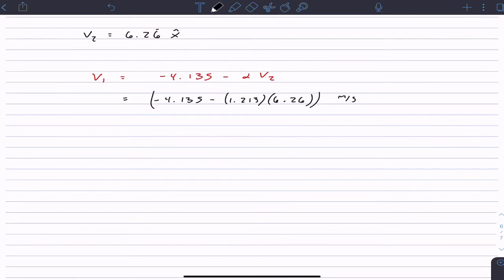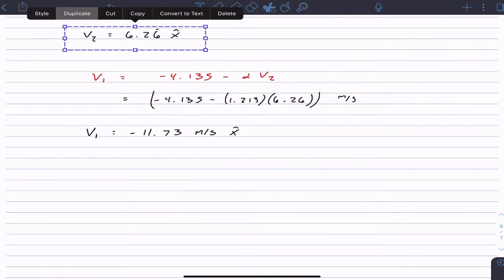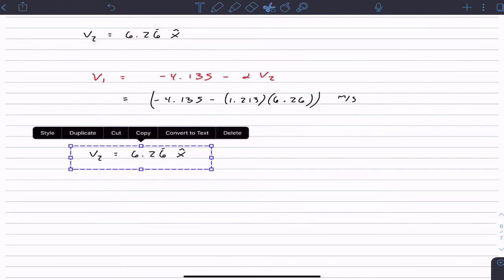So plug that in, and before I even do that, I can see that this is going to be a negative value, and that's good because that's what we want. We want the velocity for V1 traveling in the negative x-hat direction. Okay, so let's see. So plugging this in, I get V1 is equal to negative 11.73 meters per second in the x-hat direction. So these are the final velocities.